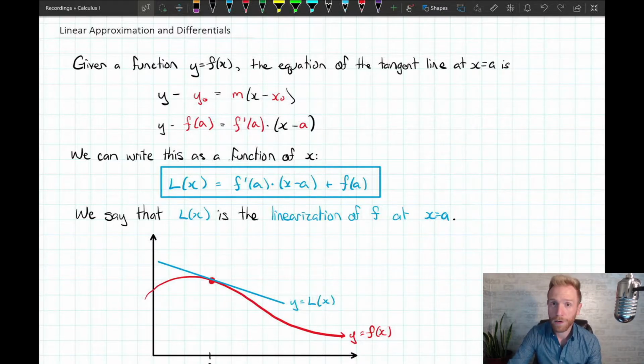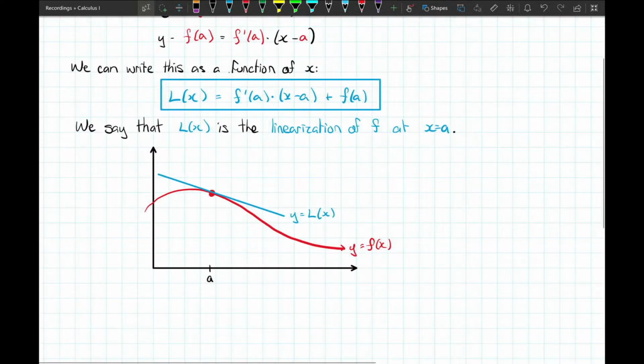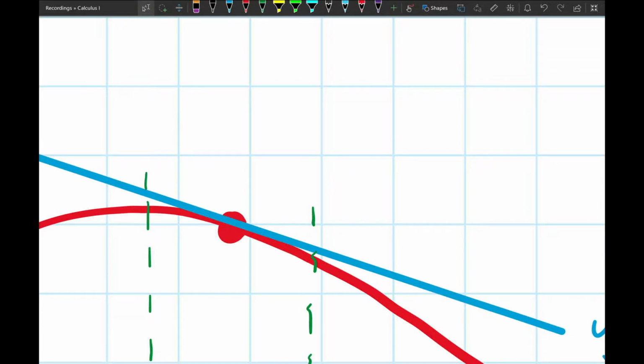Now, what can we do with that other than just talk about the slope of that line? Well, when we take a look at plotting the function here as well as the tangent line, you can see that for a certain region around a, as long as we're choosing values of x fairly close to a on either side, if we zoom in, we can see that it really doesn't matter whether we pick a point on the blue or red curves here, they're pretty much exactly the same.